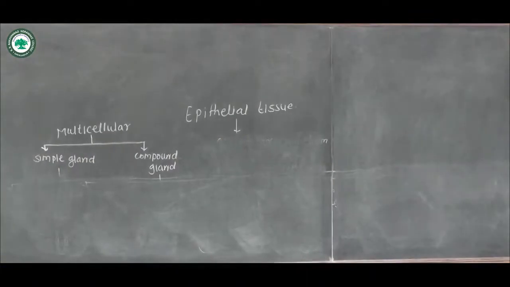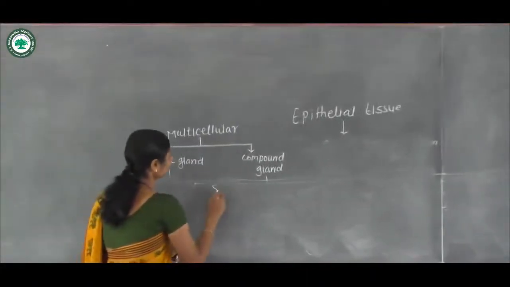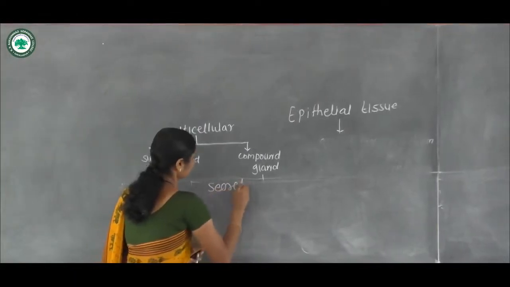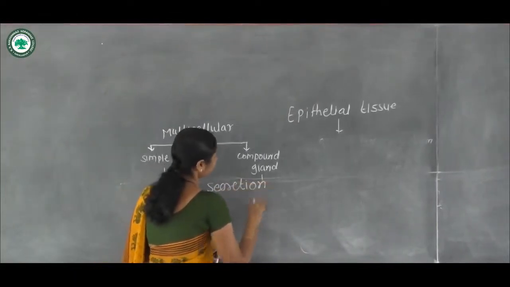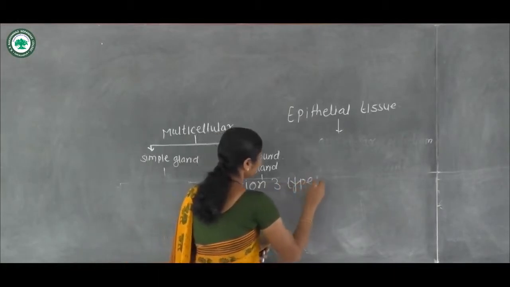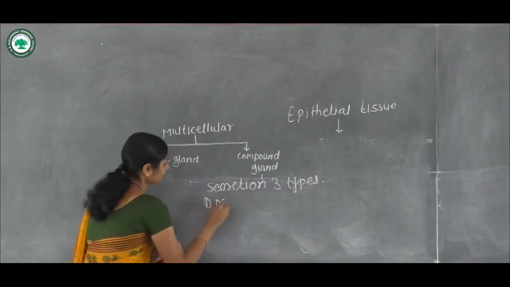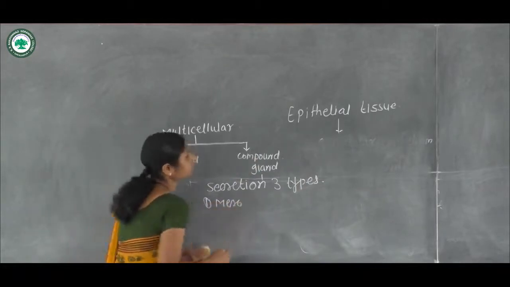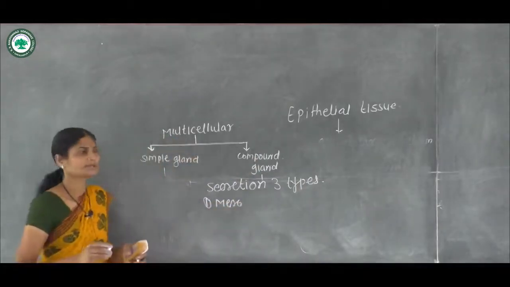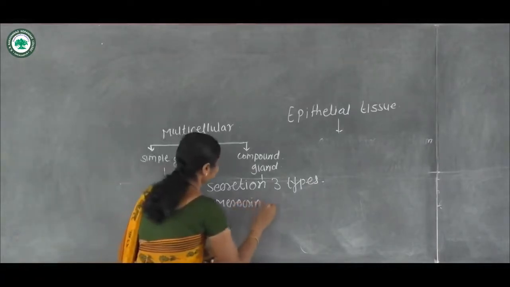First one is merocrine secretion, called the exocrine gland.